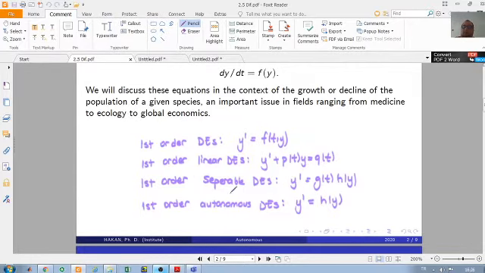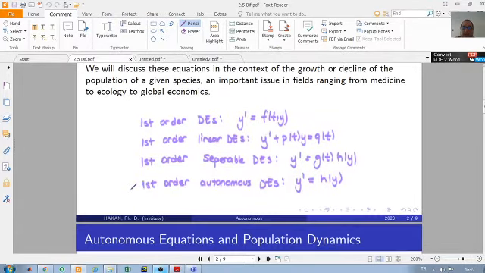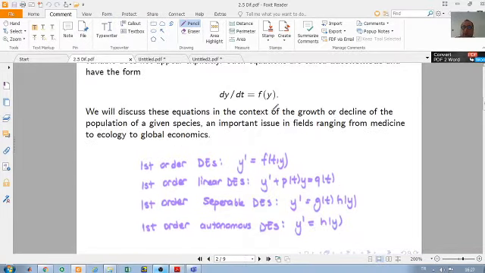First order separable differential equations have the form y prime is equal to g of t times h of y, which means we can gather the same variable into one side of the equation. For example, when you write h of y to the left hand side and dt to the right hand side, you can see it is a separable differential equation. And first order autonomous differential equations have the form y prime is equal to h of y or f of y.